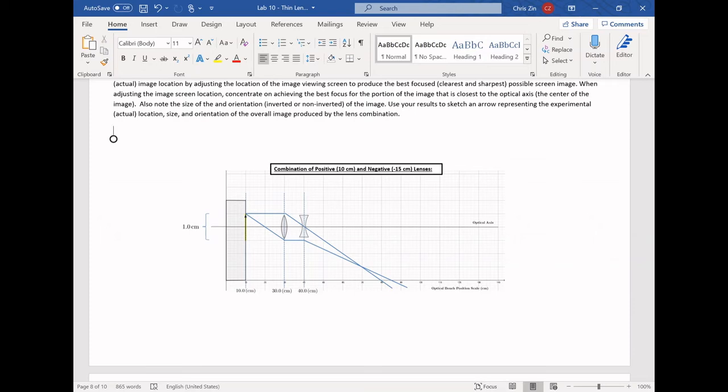Okay, so now ignore the first lens and let's just look at that last ray I drew. Notice that this ray just so happens to go through the center of the diverging lens. That means that this ray just so happens to be the third easy to draw ray for the diverging lens.